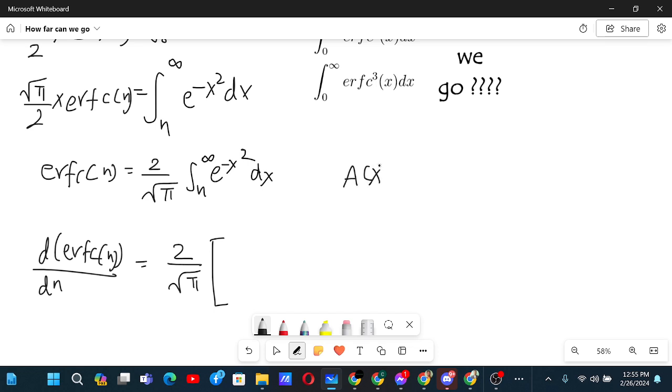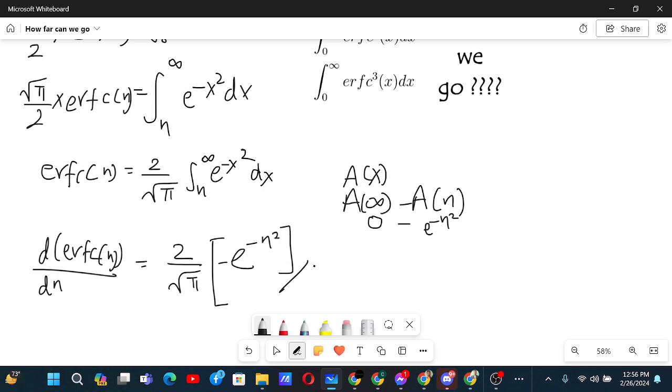Now we will have A of infinity minus A of n. When we differentiate, this will be 0 minus, and we will again get this e to the power minus x squared function, but at n. That's why its derivative will be minus 2 by root pi e to the power minus n squared. This will be helpful while solving the problems. That's why I did this.